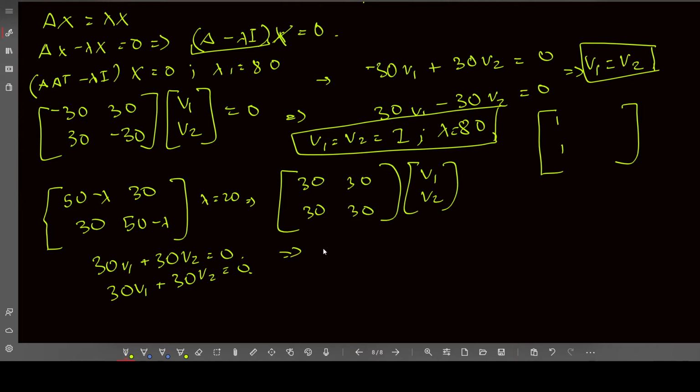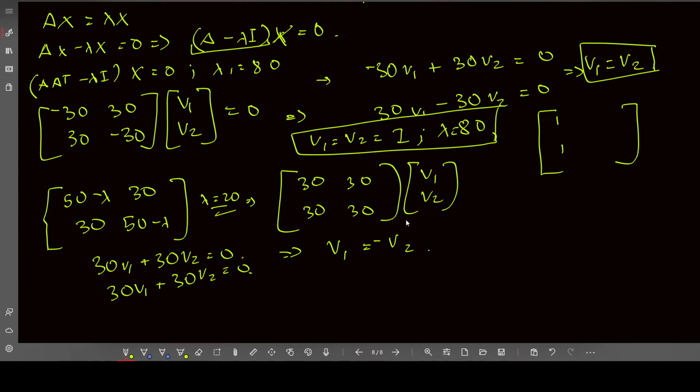This implies that v1 is equal to minus v2. So whatever value we take for v1, we have to negate that value, and that is the value for v2. And that is the eigenvector for the eigenvalue equal to 20.